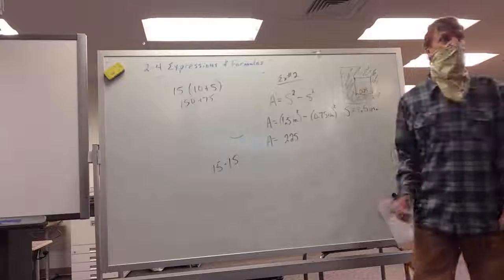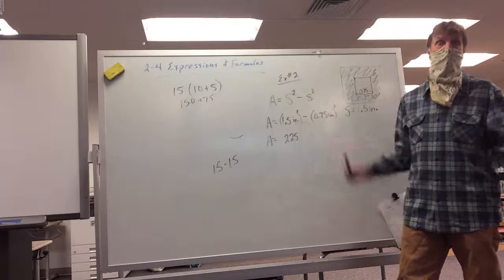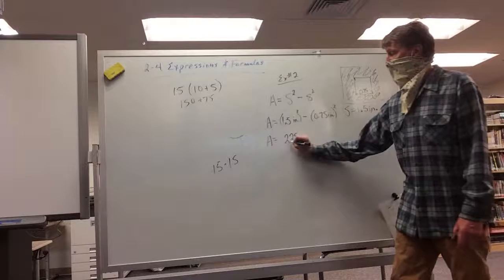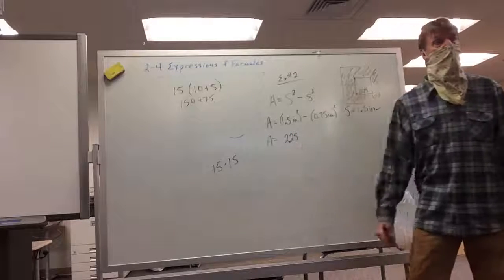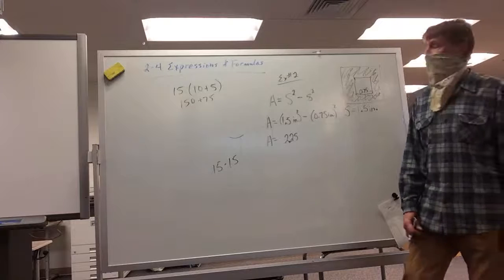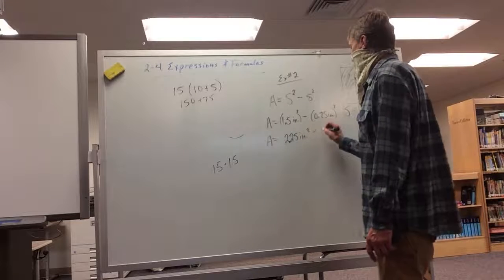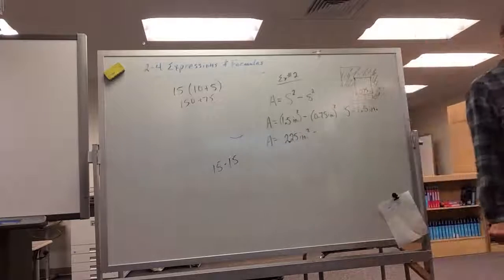Where would you put the decimal point, making sense of 1.5 times 1.5? 2.25. Between the 2 and the 2. So your answer is between 2 and 3. That's going to be inches squared, and then 0.75 times 0.75.